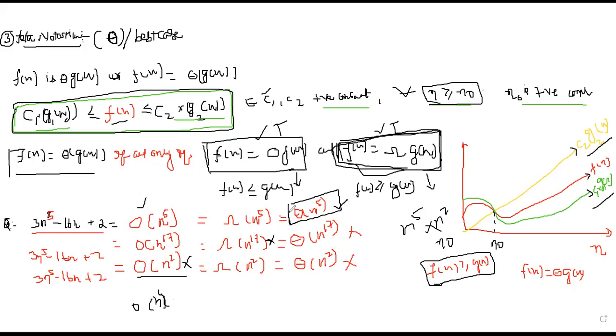When can I say theta? Look, this is true for this one and also true for that one. When f of n is theta of g of n, it is true when f of n is big O of g of n and f of n is omega of g of n.